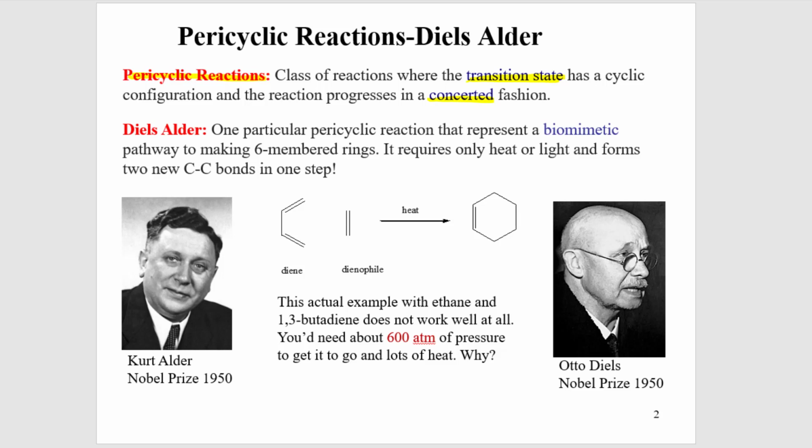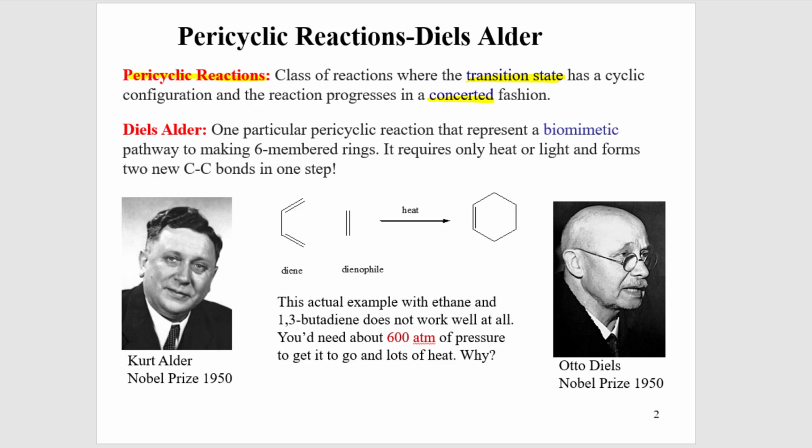And the reason why I want to spend a little bit more time on it is because this is really one of the first biomimetic pathways that chemists really got control over. And we're not using enzymes here. This is a shared Nobel Prize back in the 1950s by Kurt Alder and Otto Diels, showing this new reaction.